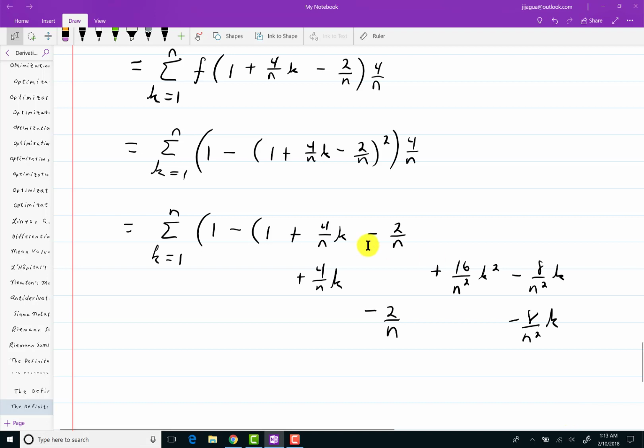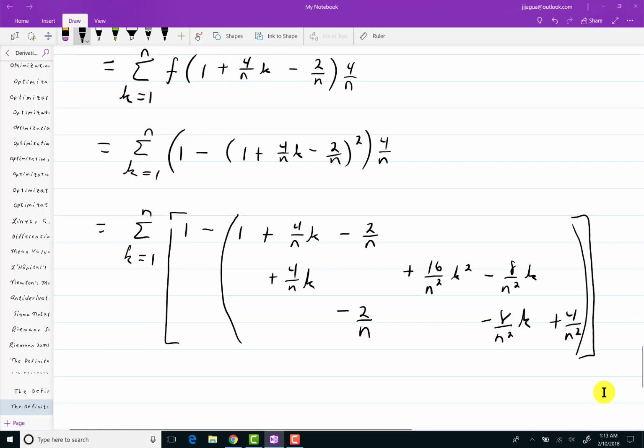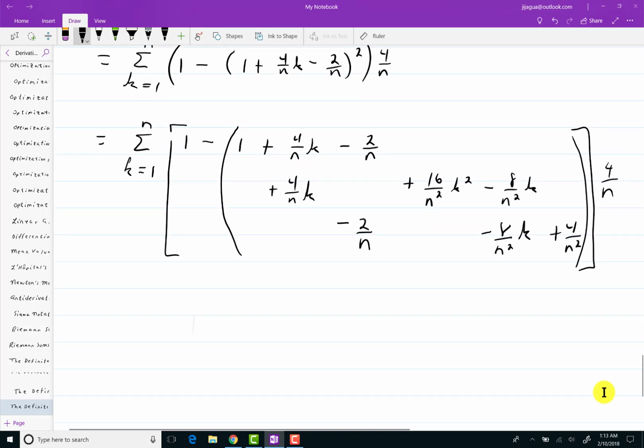And then finally, negative 2 over n times itself will be 4 over n squared, and I don't see a spot for that yet. I probably should make this huge, and this one huge, and put a bracket here, here, and I will sneak ever so gingerly a 4 over n over there. And let me simplify.